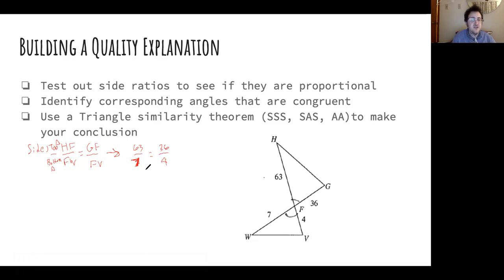Some people just simplify the fraction. 63 divided by 7 is 9, and 36 divided by 4 is 9. You can also see that each simplifies to 9 over 1. So the sides are proportional.